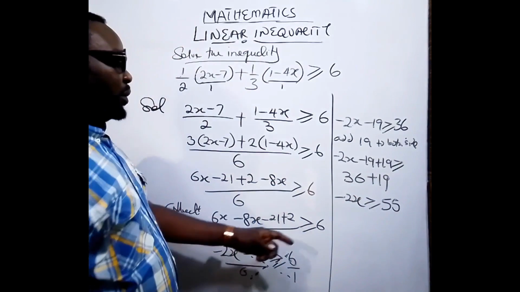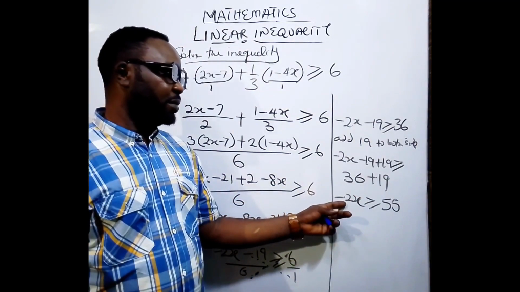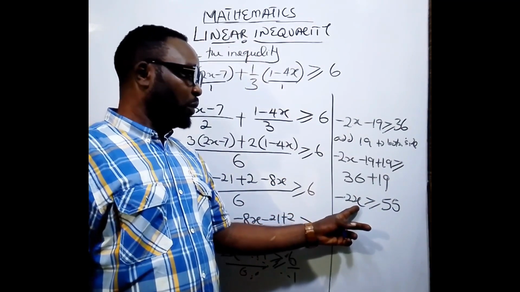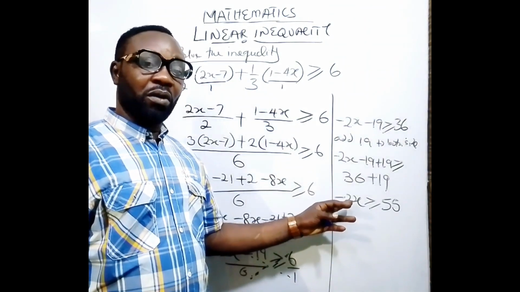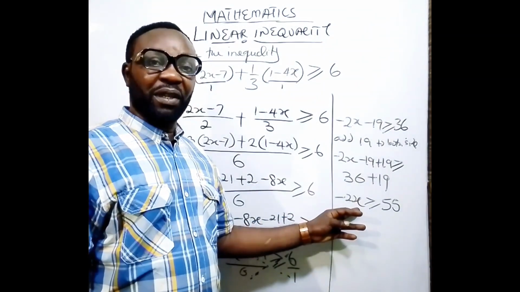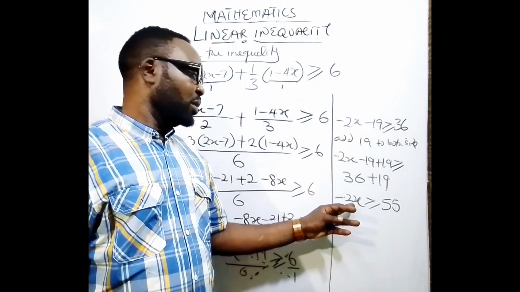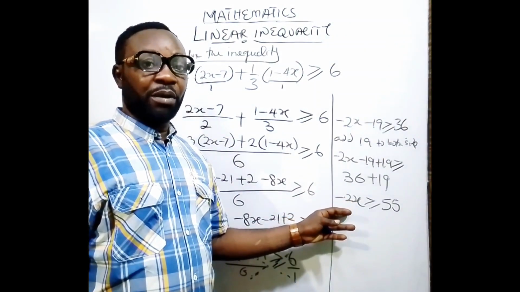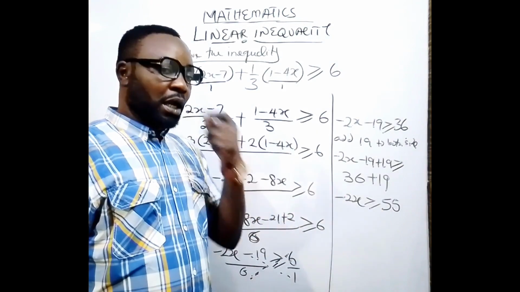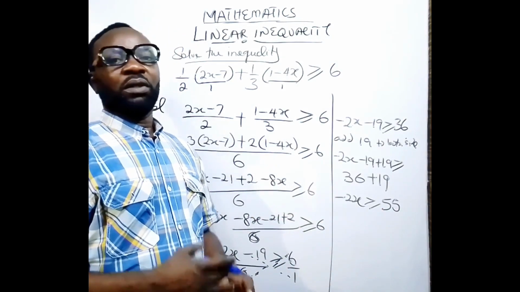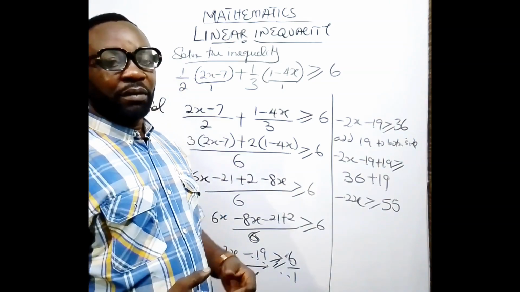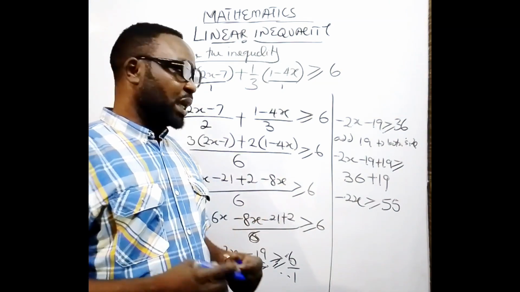Now, we still have minus 2 as the coefficient of this x. For us to eliminate it and only have the positive x, we have to divide both sides by minus 2. And don't forget that condition that when you divide or multiply both sides by a negative value, the sign will change.